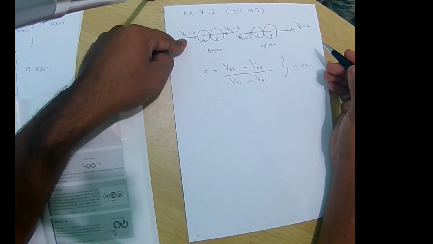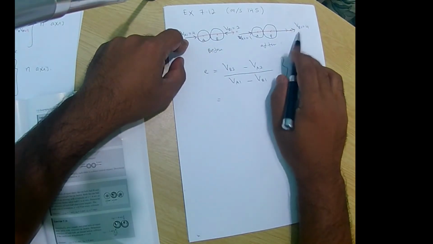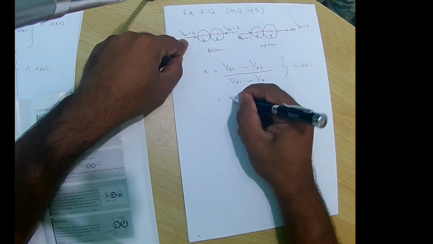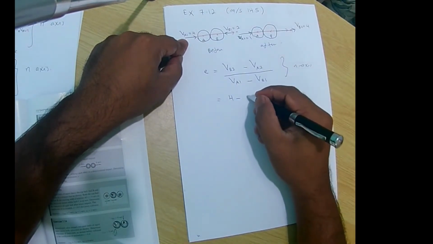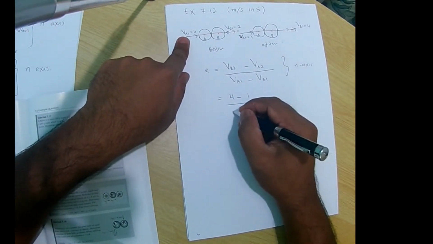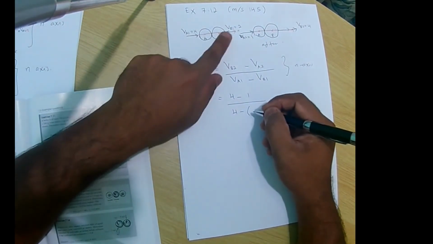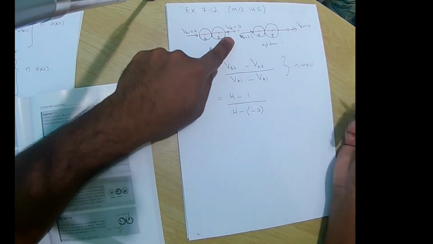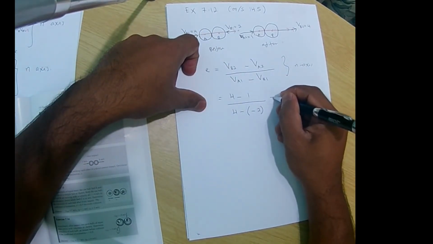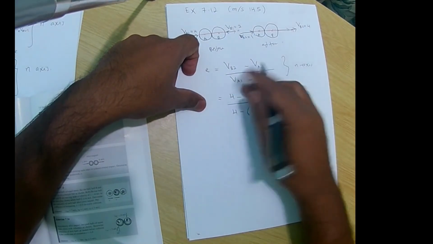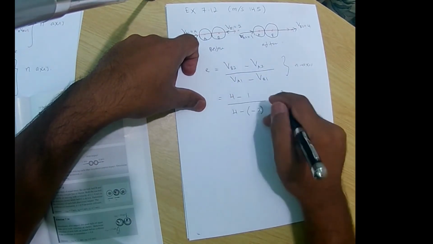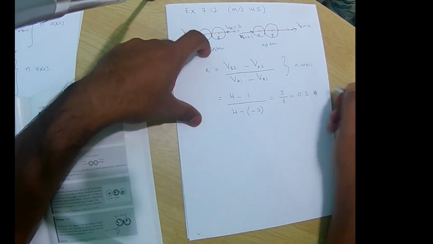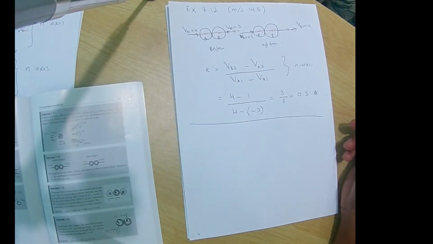VB2, the n-axis is positive to the right, so 4 minus VA2, minus 1, divided by VA1, 4, minus VB1, which is opposite direction of positive, so negative 2. So E is equal to 4 minus 1, 3, divided by 4 plus 2, 6, equal to 0.5. So we have the first answer.